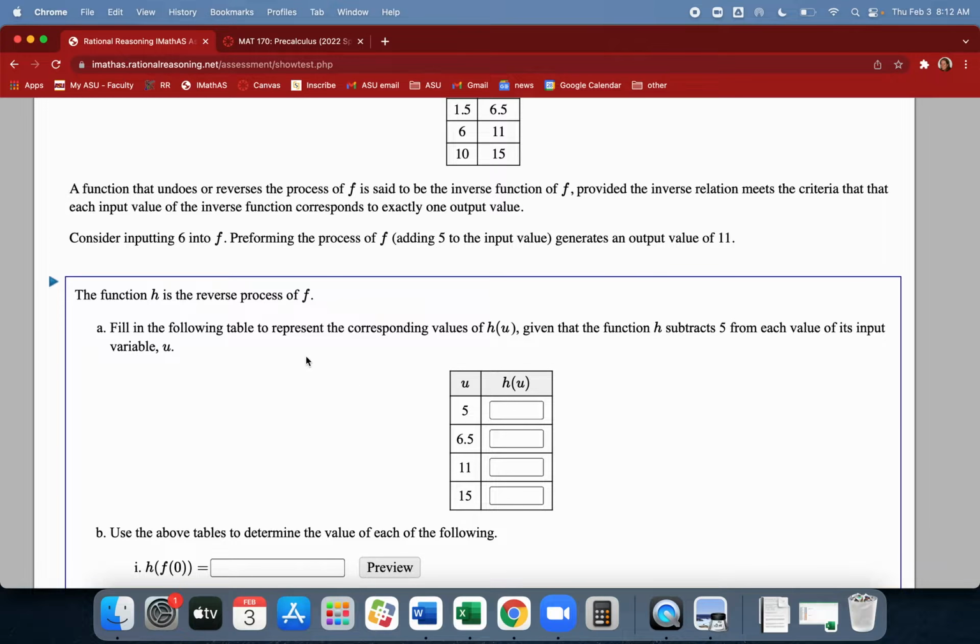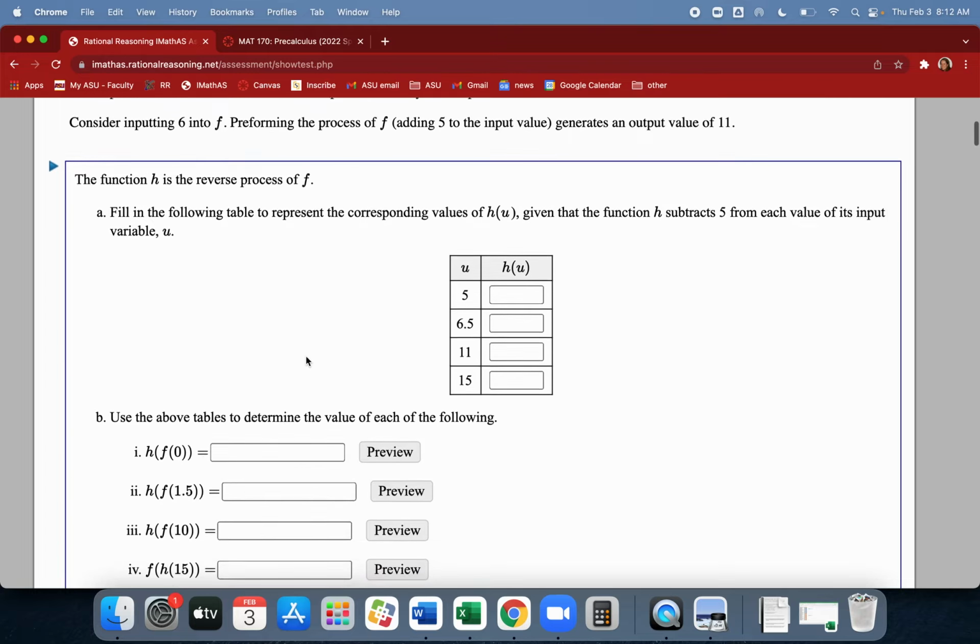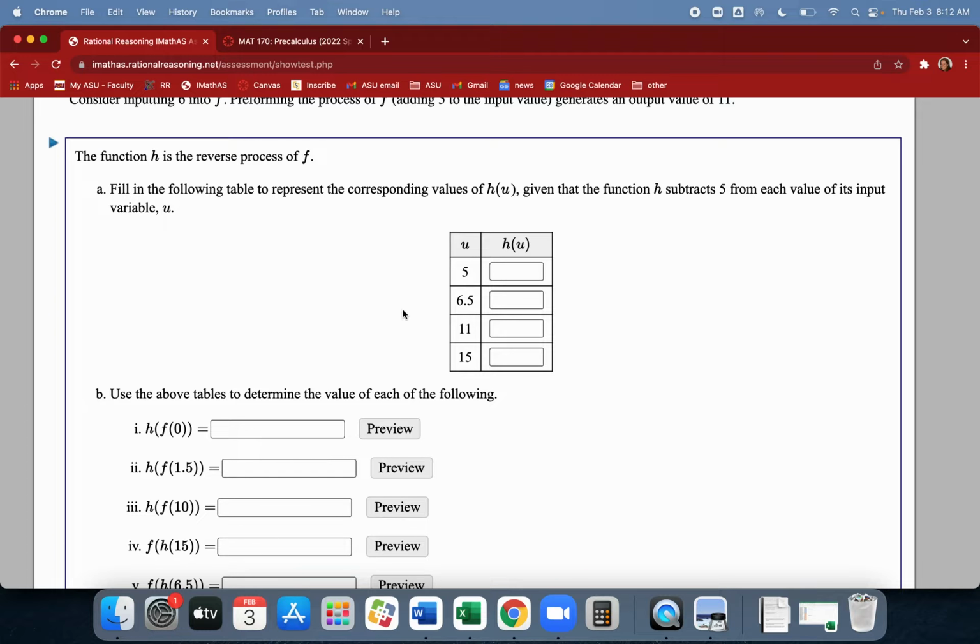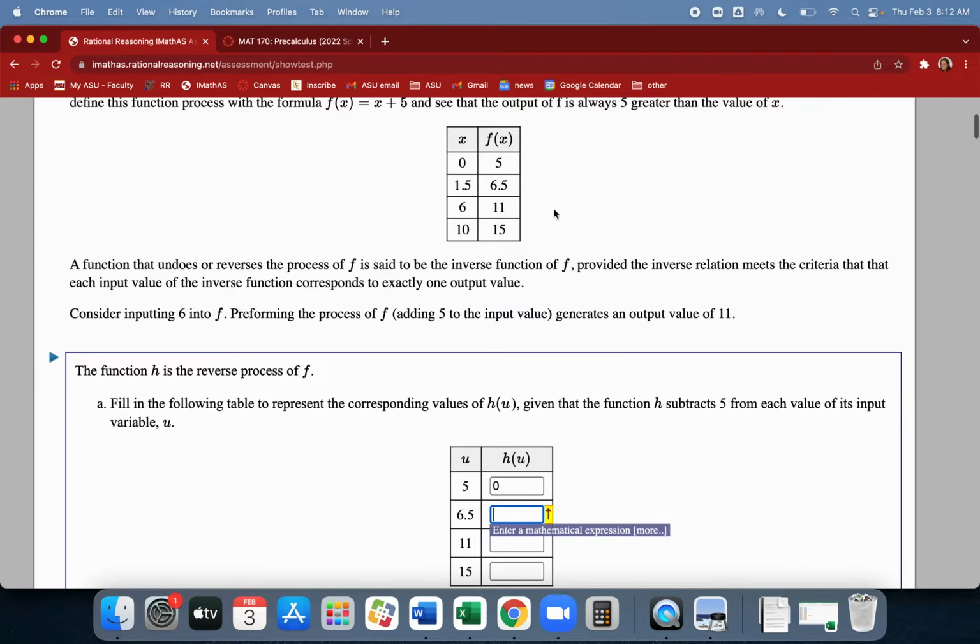But if function h is the reverse process, or undoes function f, then instead of adding 5 to input values, it would subtract 5. So 5 as an input, I subtract, and it goes down to 0, which is exactly the opposite of what function f does. Function f takes a 0 and turns it into a 5.